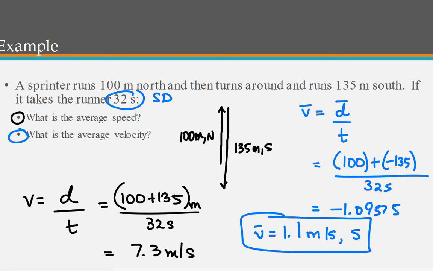That would be the final answer. 2 sig digs and a direction. Because it came out negative, I can attach south to the final answer. No, that's it. Any questions about that example? Okay, you'll have ones just like this in your workbook to practice.